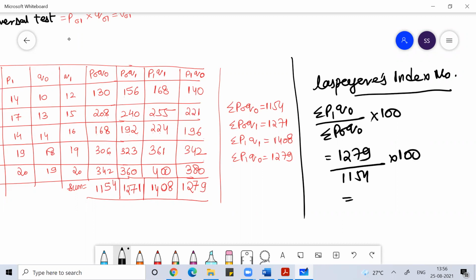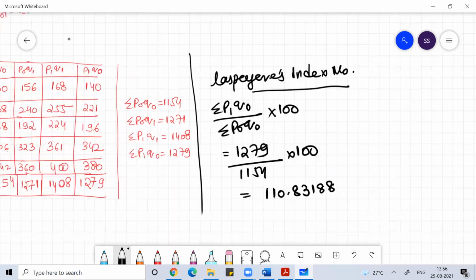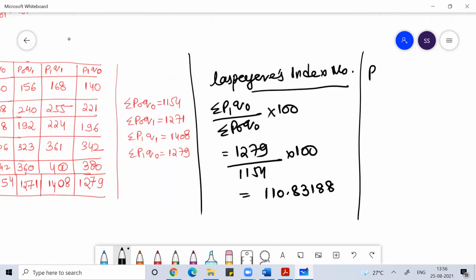I can find Laspeyres: 1279 divided by 1154 into 100 is 110.83188. Then this is Laspeyres.